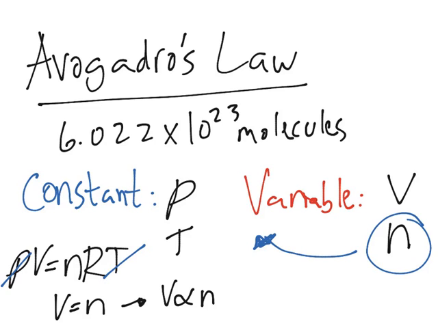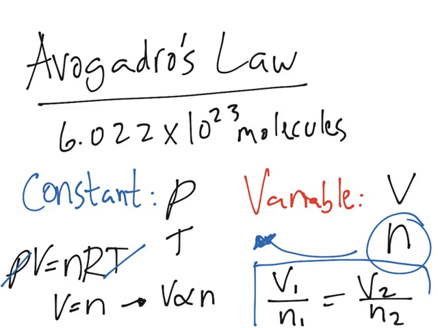So our formula would simply be V1 over N1 is equal to V2 over N2. And those are the 5 laws involving gases or gas pressure.